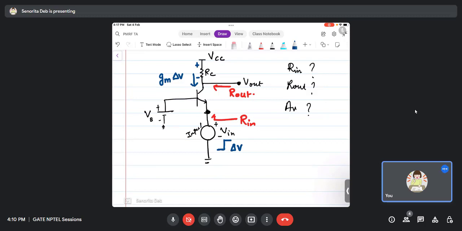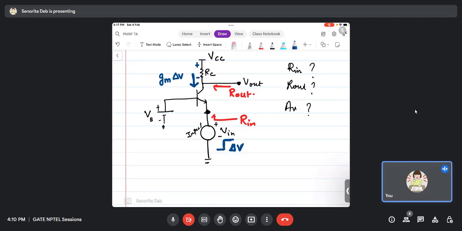So this is the response of the CB stage to a small input voltage. Now if there is an increase of delta V in this input voltage, then the collector current will go down by Gm times delta V, right?